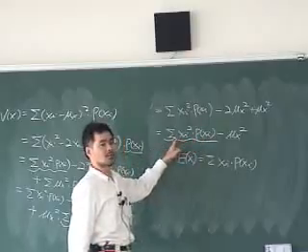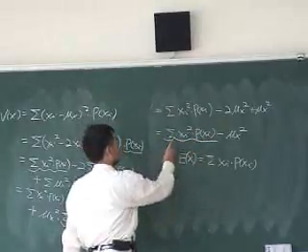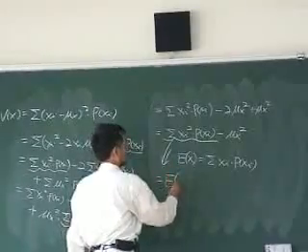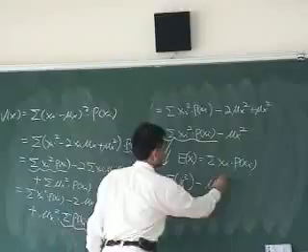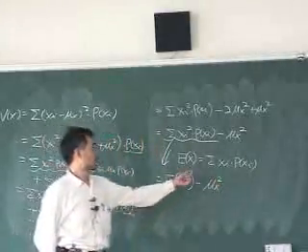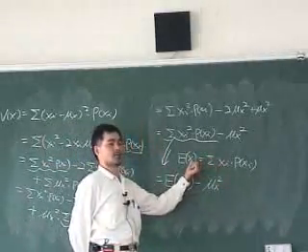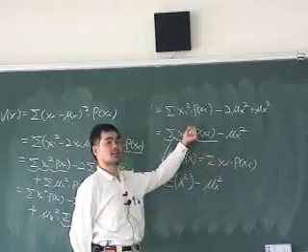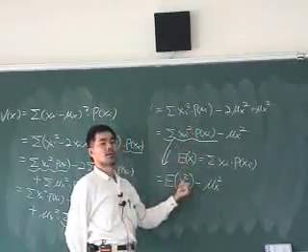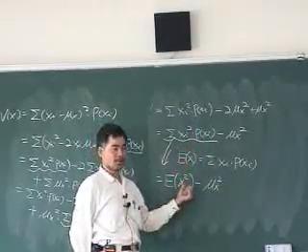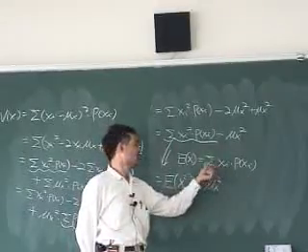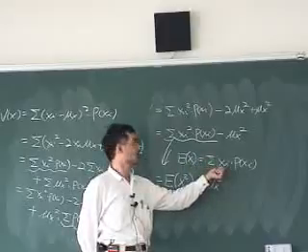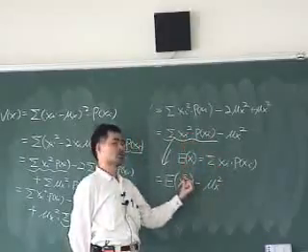So what should this be? This should be the expectation of x squared minus mu x squared. Because here it is x, and here it is xi squared, so it should be x squared. So this is a simple way: match this one, match this one, and this one, match this one.